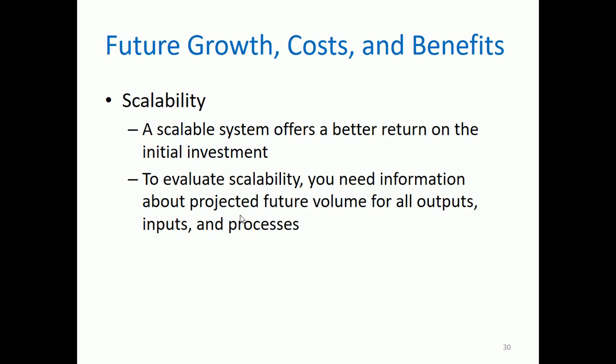Okay, next we have future growth, costs, and benefits. We have scalability. A scalable system offers a better return on the initial investment. Why? Scalability means, for example, you already have an existing system, and the users request an additional feature, and this additional feature can be added without compromising or causing problems for the current information system.